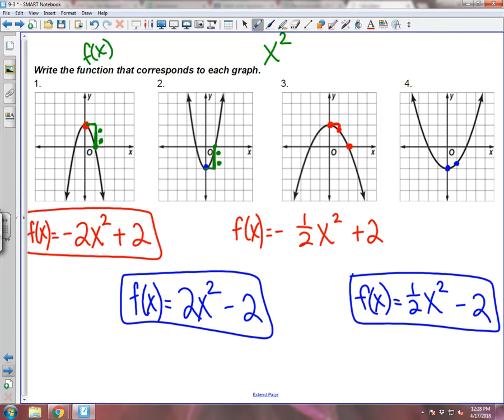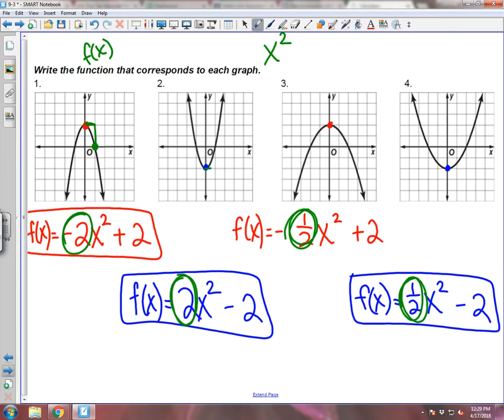Okay, so I think the hardest part in all of this, folks, is trying to figure out what this a number is. When you are trying to figure out that a number, I'm going to go ahead and get rid of this so I can re-explain a little bit. When I'm looking at that a number, I need to look and see if I go over 1 unit away from my vertex, how far do I have to go to get to the next point?